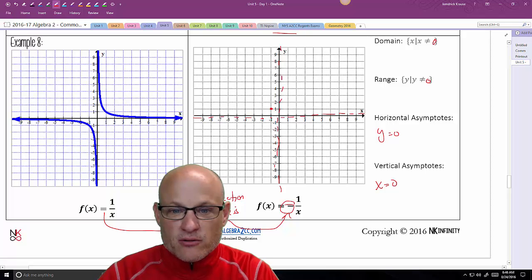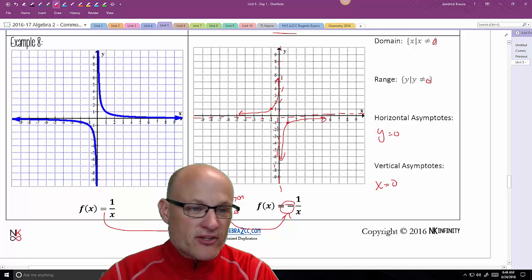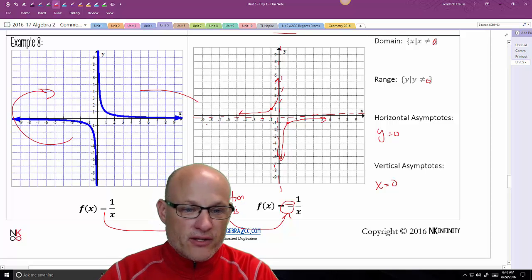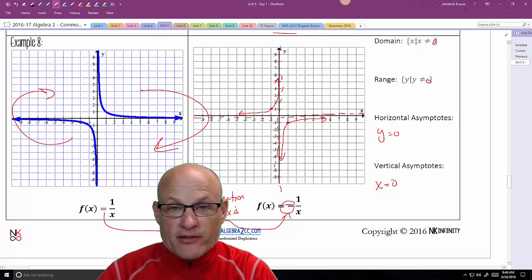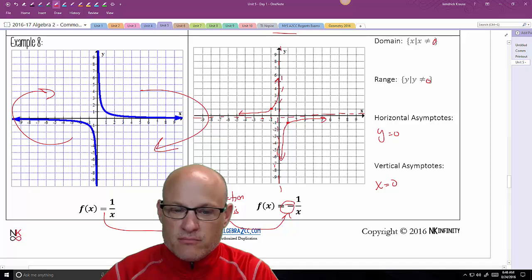So we're going to go up here, closer and closer, down here, and closer and closer. Notice how this piece reflected up here and this piece reflected down here. That's all it means. That's what the negative is going to give us, a reflection.